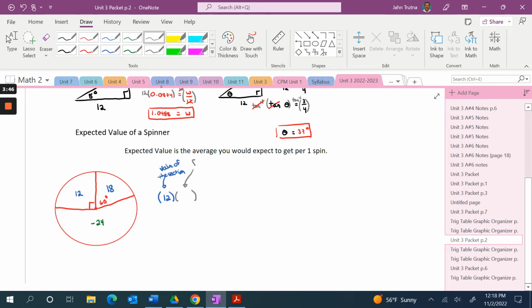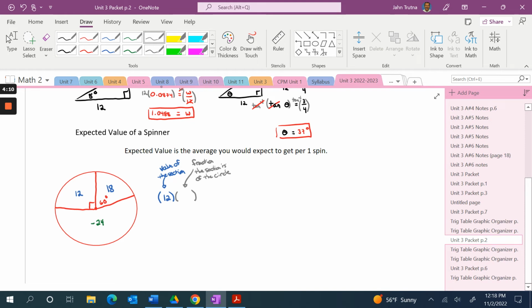So that's how you're going to work this out to find expected value.